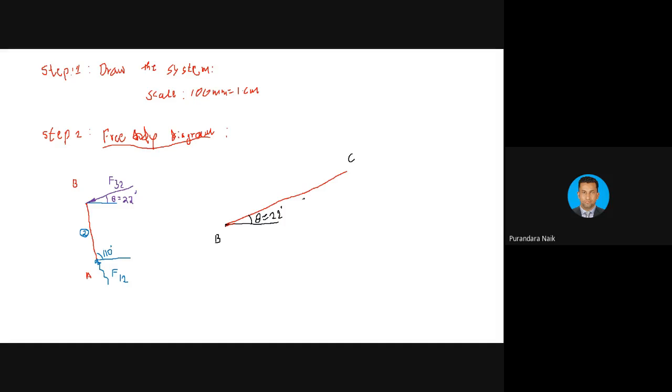This is link number 3. Now F32 is here. Similarly, F23 on link number 3. F23 is an equal and opposite force, so it is in the same direction.